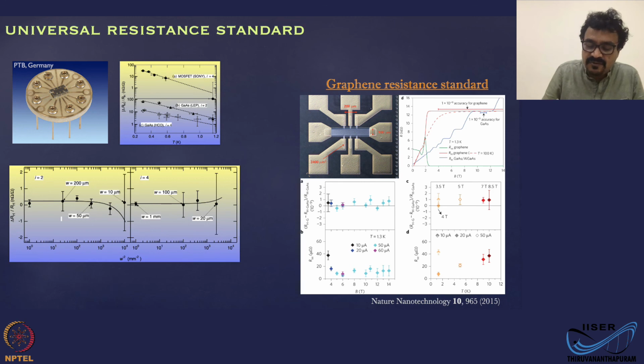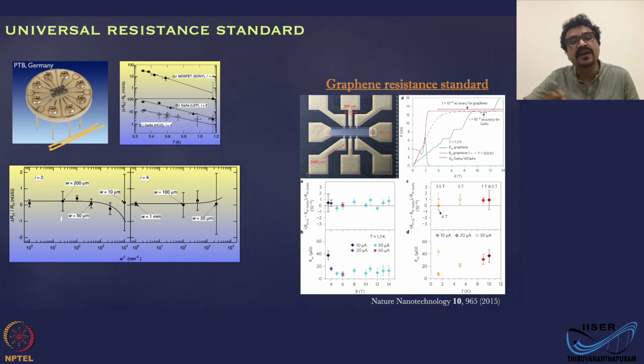So this is a picture of one of those samples. It's a gallium arsenide sample, but this has been done on various materials and verified across the world, across the countries, that this is such a robust phenomenon. And the plots here are the errors that are measured in these quantized values of resistance.